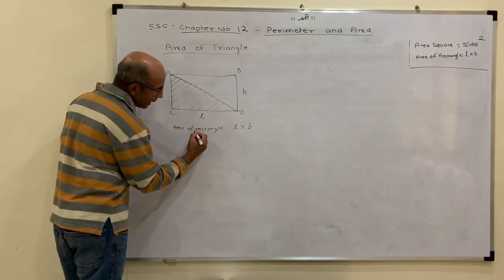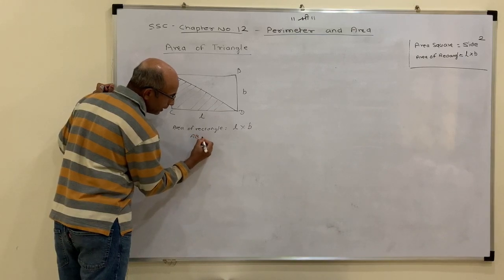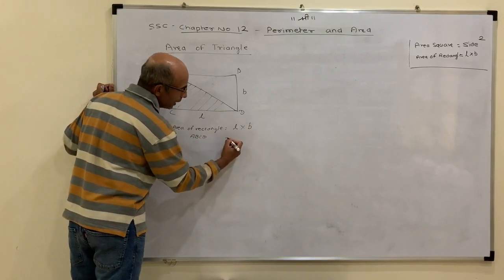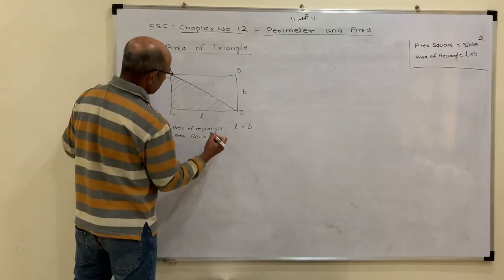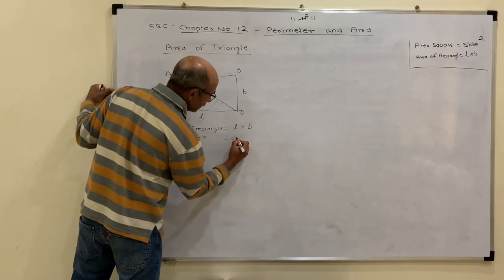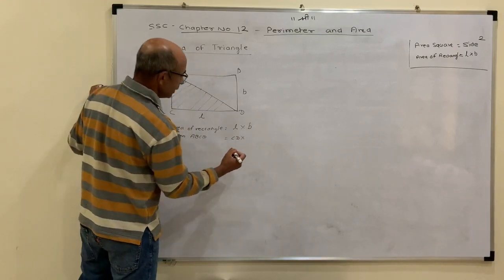The area of rectangle ABCD is equal to length into breadth. Area is equal to length CD into breadth AC.